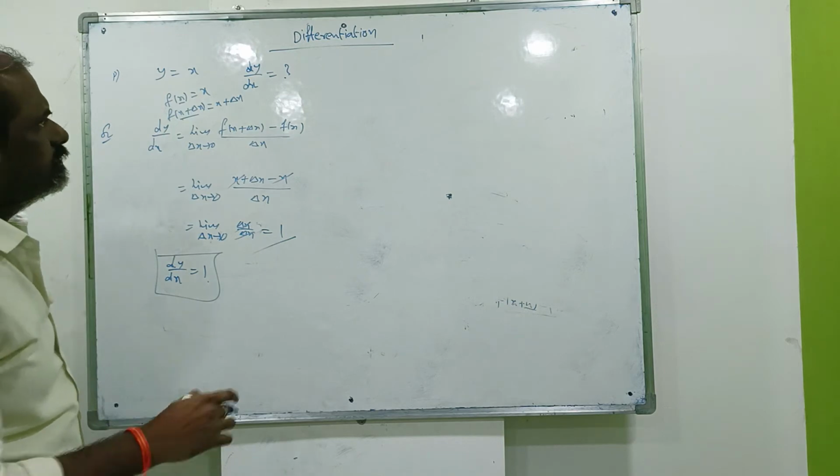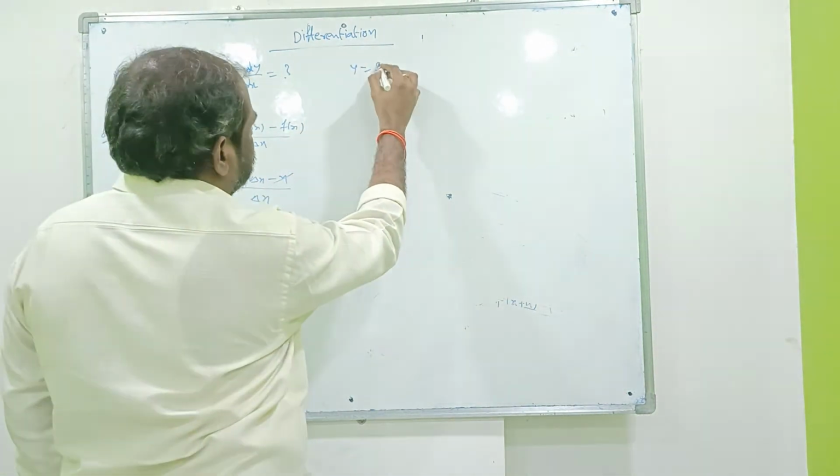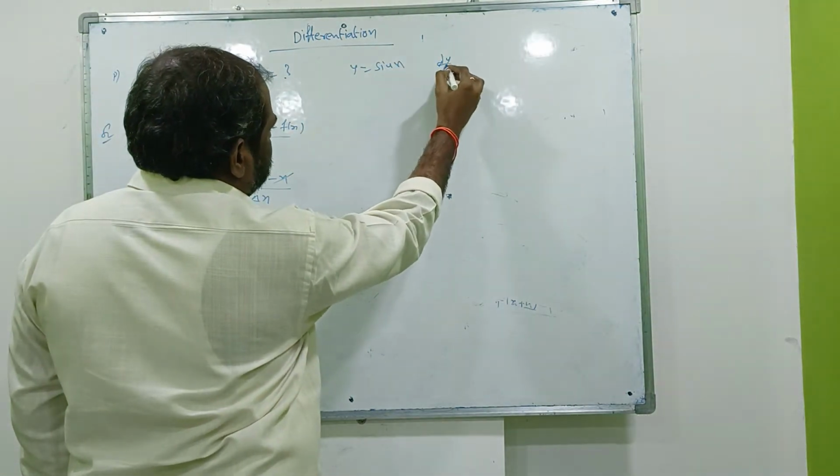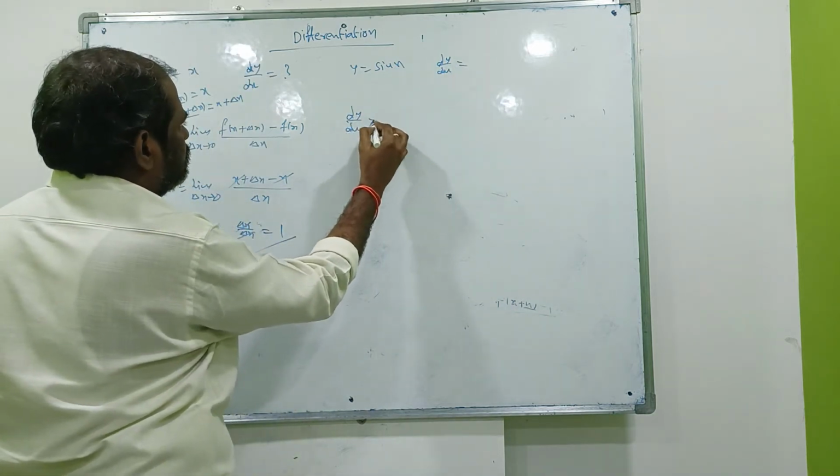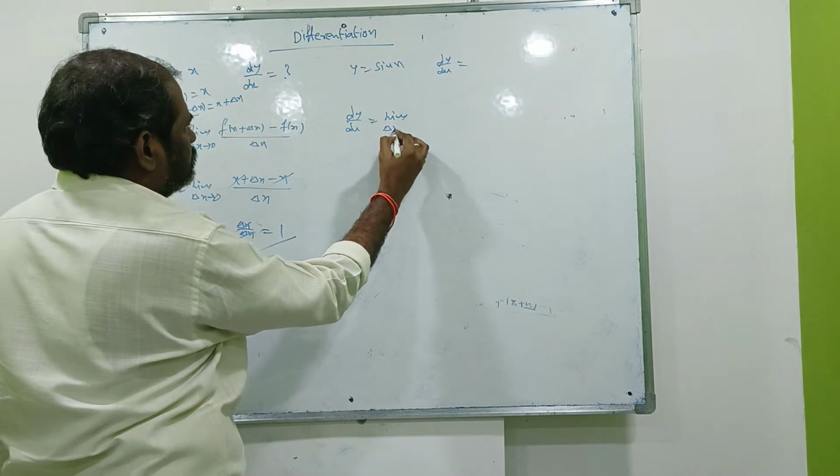Similarly, for example, y equal to sin x. What is dy by dx? dy by dx equal to, what is the formula, limit delta x tends to 0.